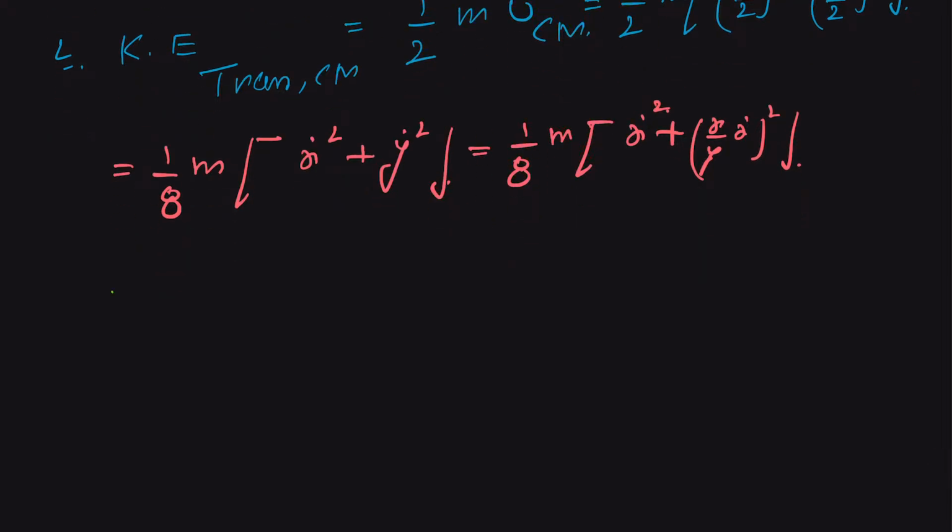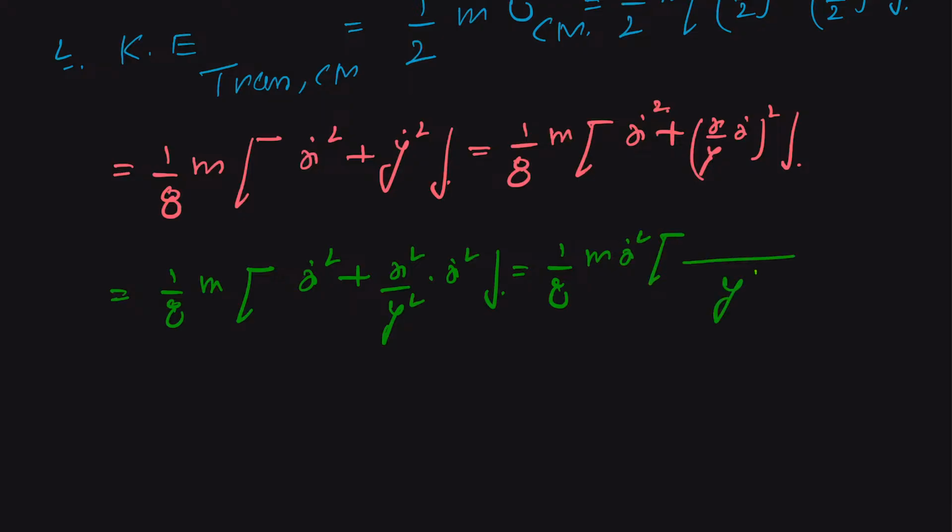So from here we get this as 1 by 8 times m. This will be our x dot square plus x square upon y square times x dot square, and x dot square we can take as common, so this will be coming as 1 by 8 m x dot square, and we can take this as LCM.